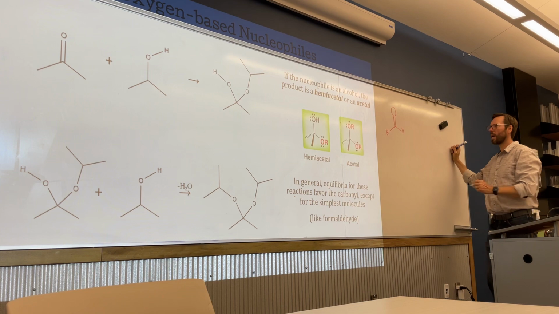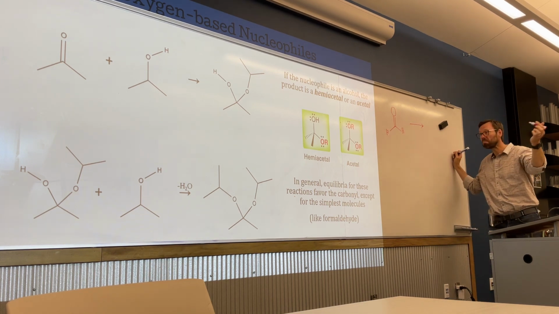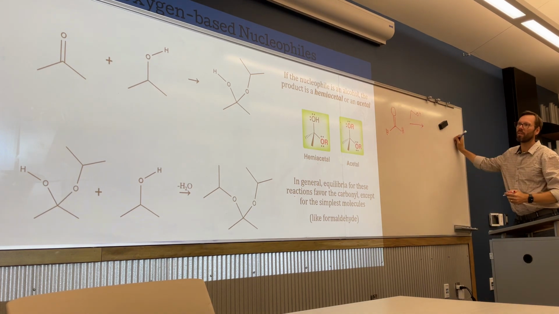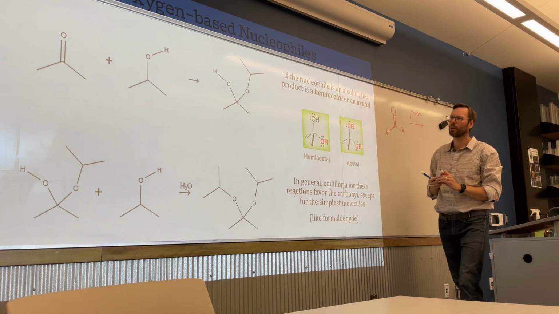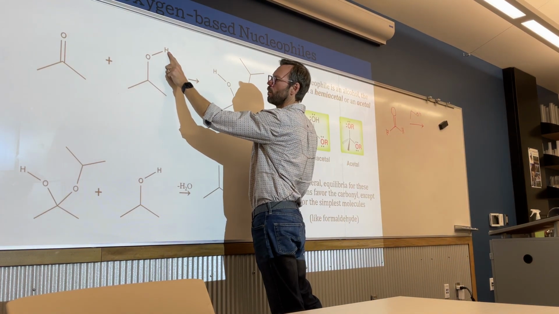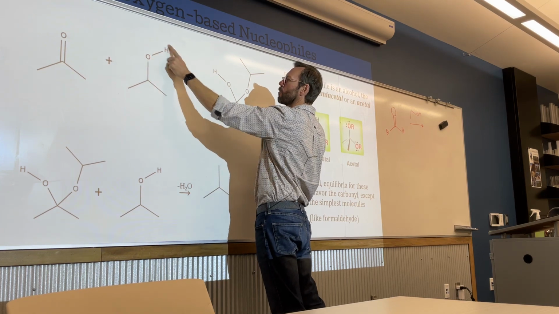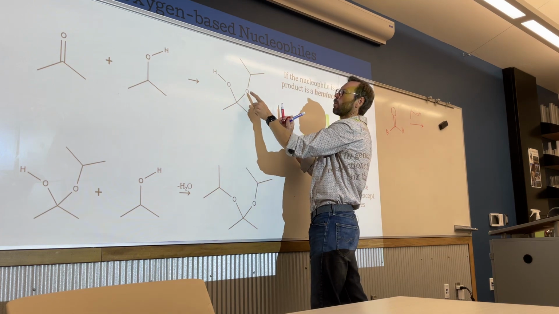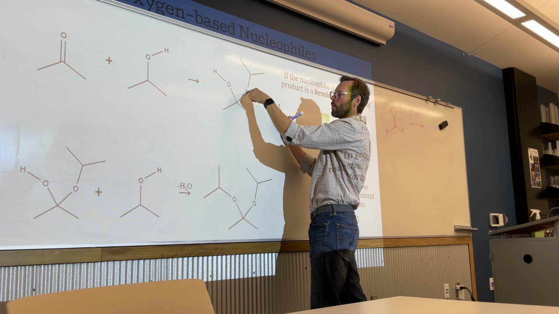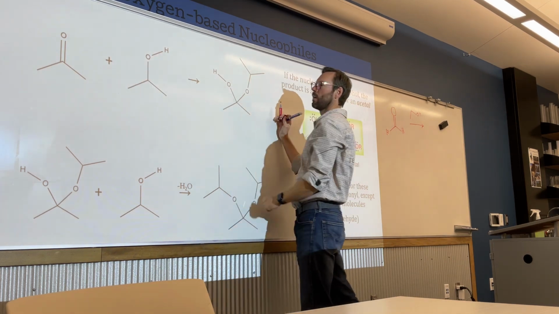And if we react it with, in this case, an alcohol, like ethanol, then you see what's happening here? We're going to take off this hydrogen here, and we're going to tack it on here. So we take this whole group and we put it on to that.